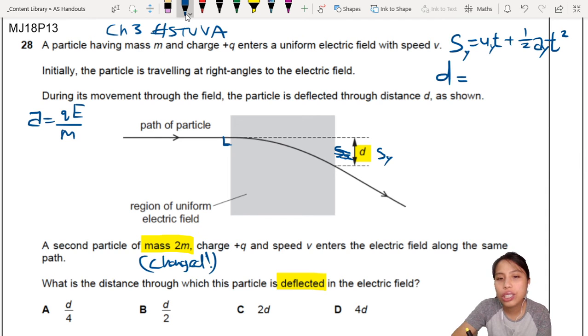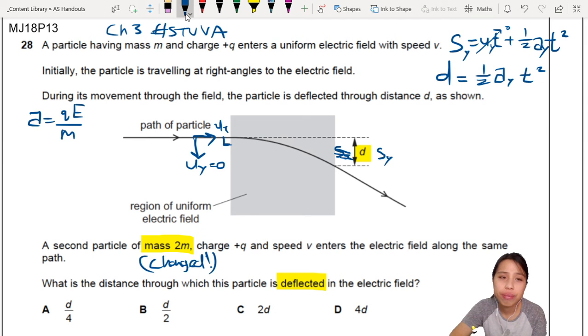Is there an initial vertical velocity? There's a horizontal and there's a vertical. No, I don't think there's any. It's zero, because it's fully horizontal, so it cannot have. So this whole thing is gone, just zero. So all that's left is half at squared.